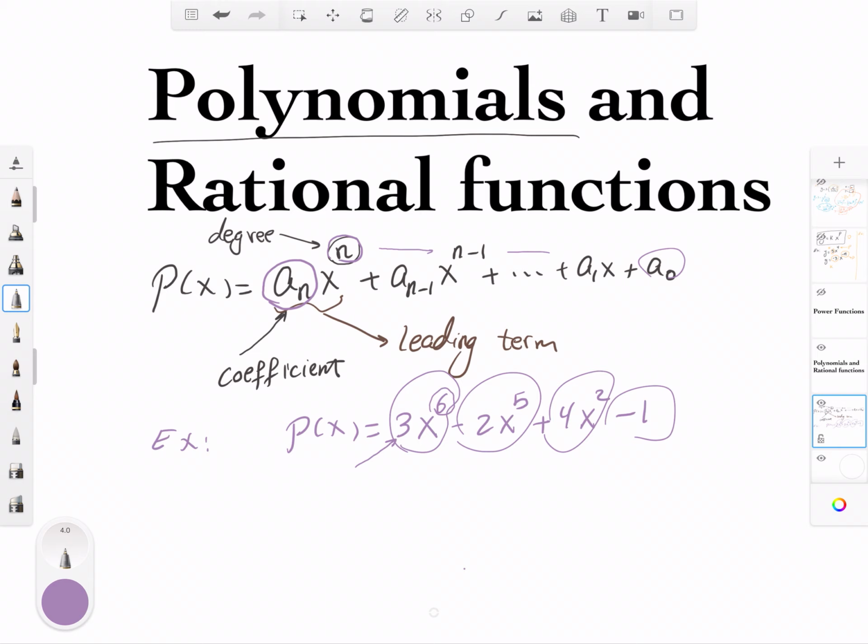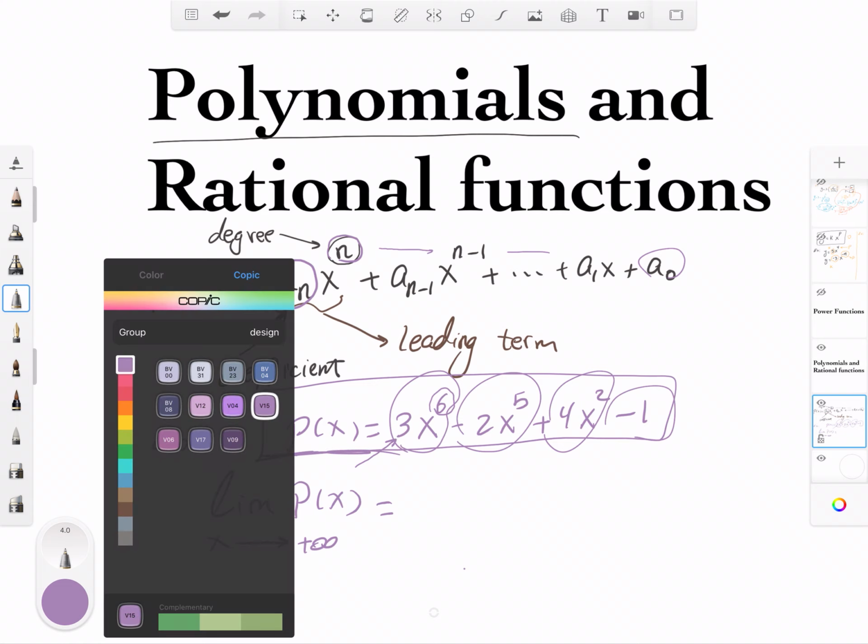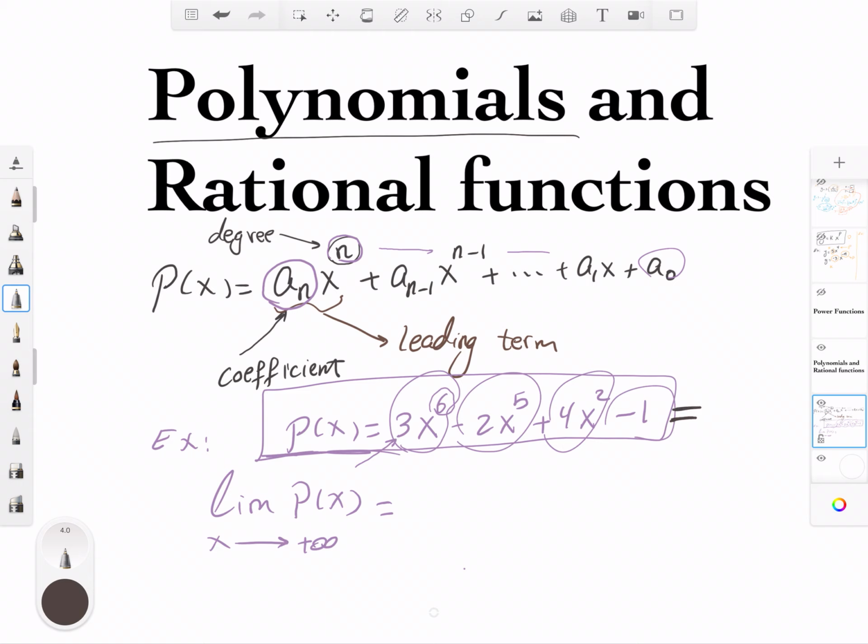Now if I ask you what is the limit of p of x when x goes to positive infinity, it will be very complicated to analyze this polynomial. So what we do, we say that this polynomial will behave the same as x to the power of 6.